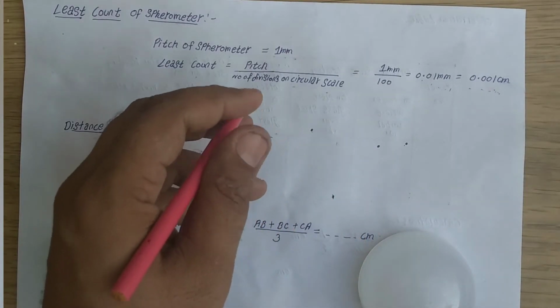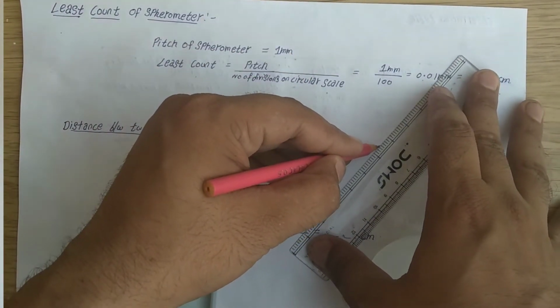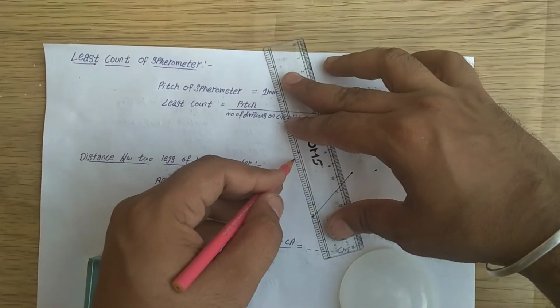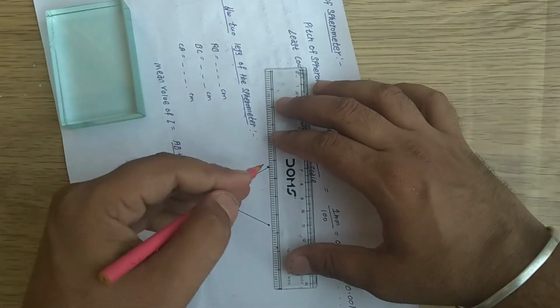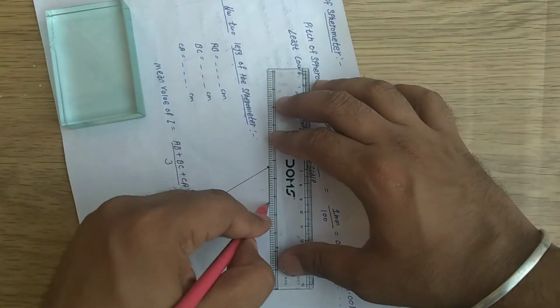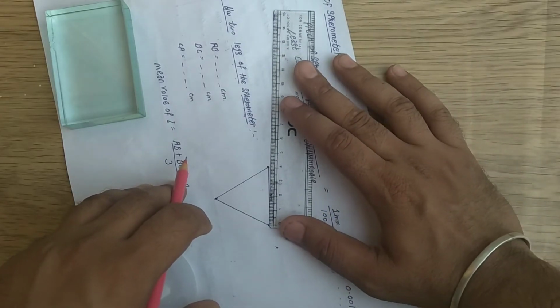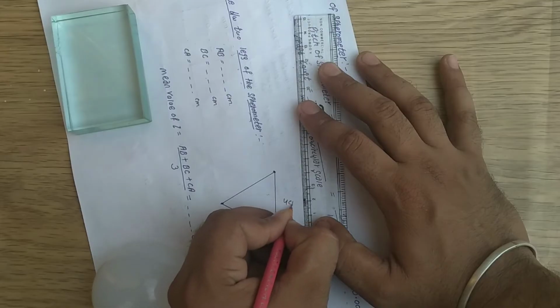Join these 3 marks with the help of a scale and note the distance between the marks. The distance between these two marks is 4 centimeter.